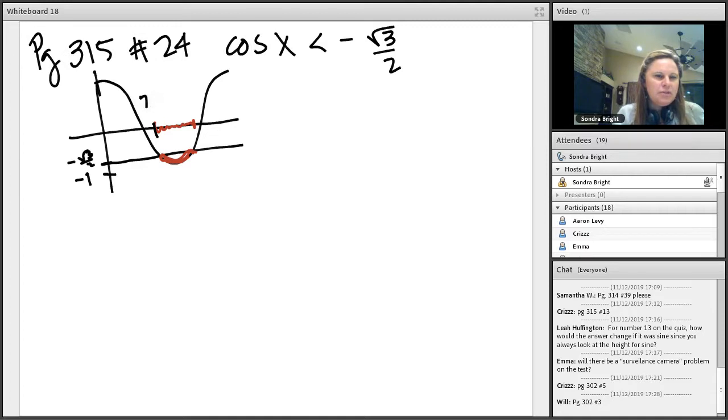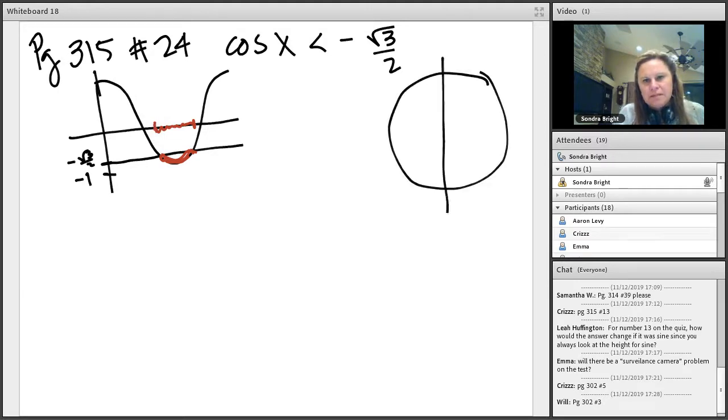Cosine is negative in quadrant 2 and 3. So cosine is negative root 3 over 2 here and here, which is 5 pi over 6 and 7 pi over 6. And so you want just that little section there in between.